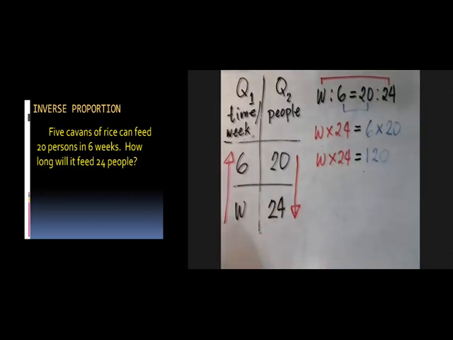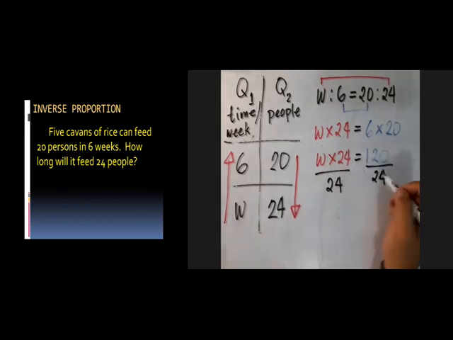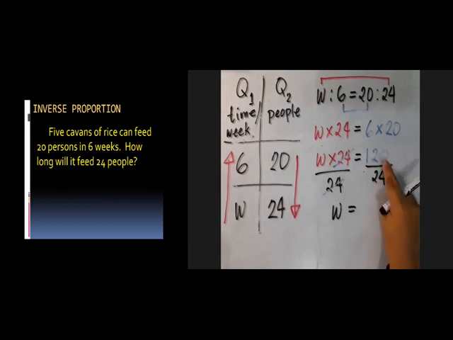To solve for the variable W, we'll use the factor 24 as our divisor, yung kasama ng ating variable. Okay, so over 24. Now, we'll cancel this out. 24 divided by 24 is 1, and 1 times W is W. And what is 120 divided by 24?